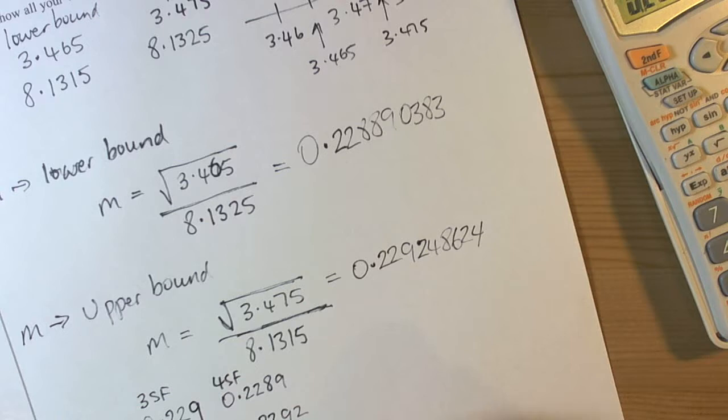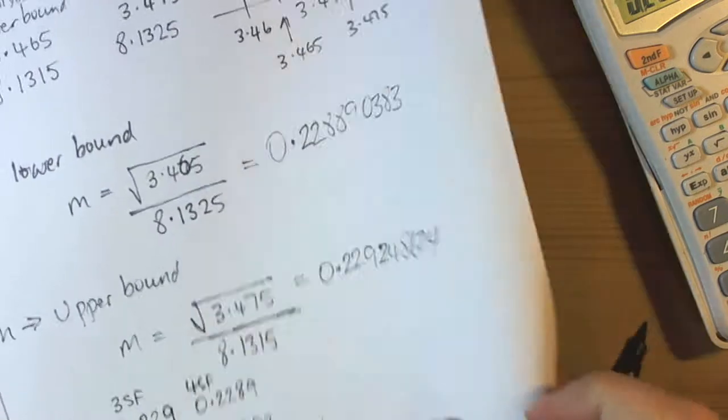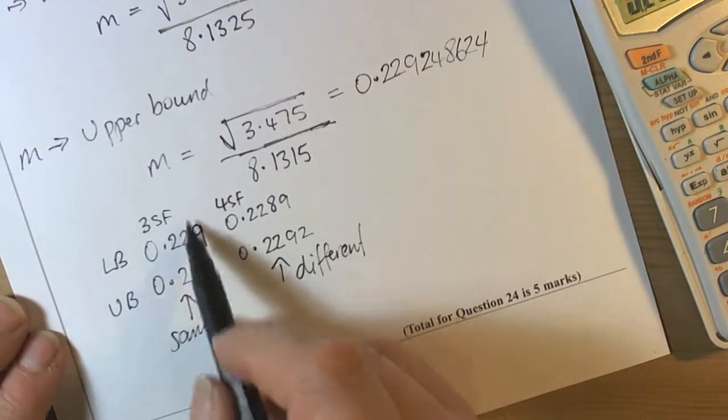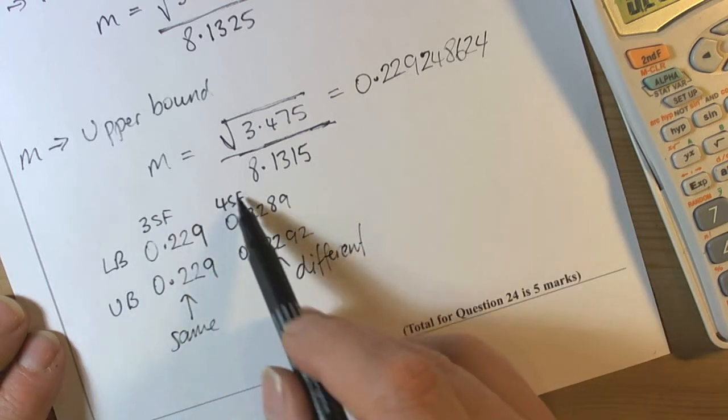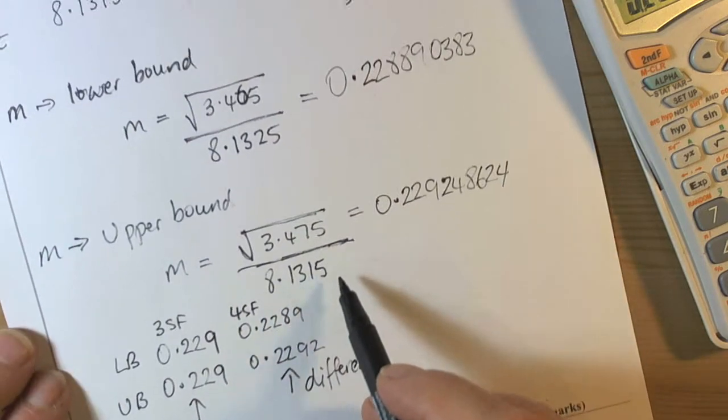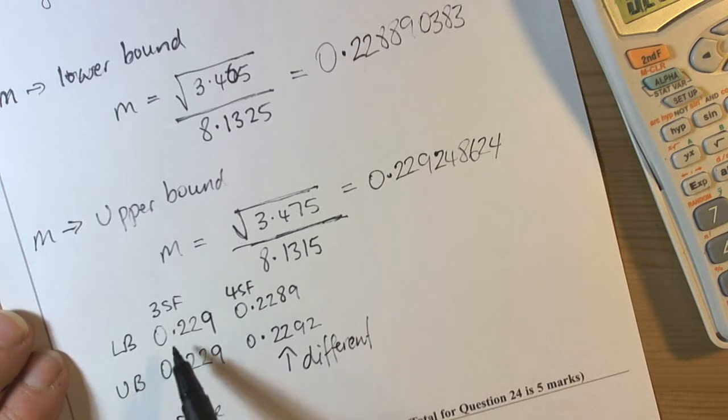These are different, these are the same. So when we did 3 significant figures, we ended up with the lower bound and the upper bound having the same answer, and when we did 4 significant figures, they were different.